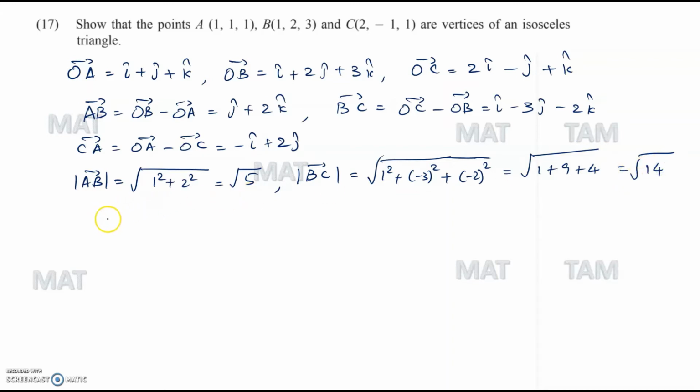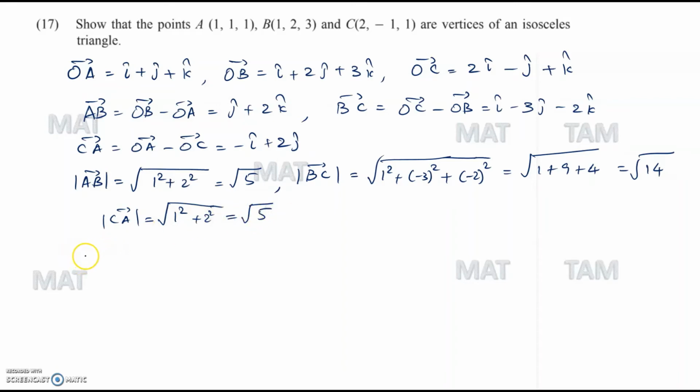Similarly, the magnitude of CA vector is equal to square root of 1 squared plus 2 squared, which is equal to root of 5.